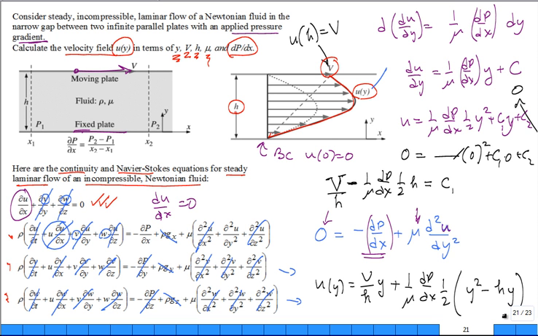I think that's it. It can be simplified some more, but all I had to do is take that C and stick it back into there and write the equation for u. There you go. Are you impressed?